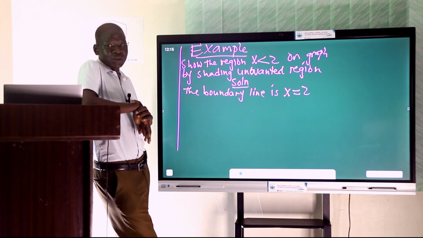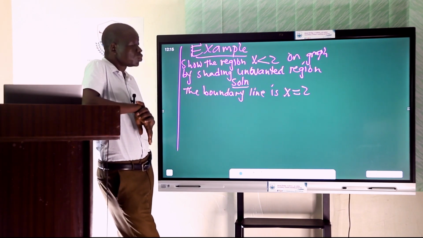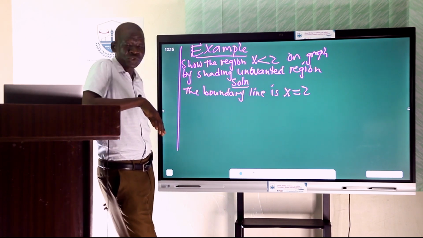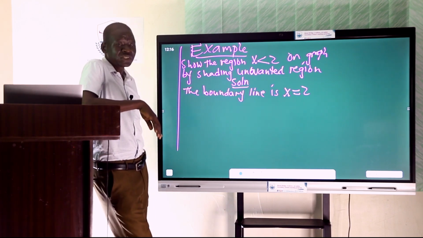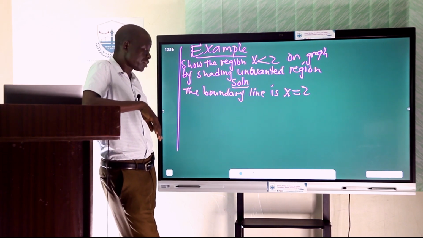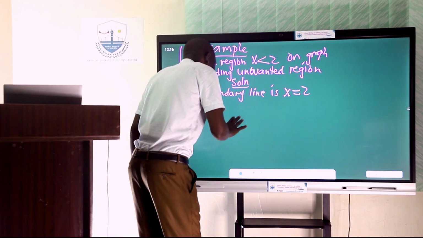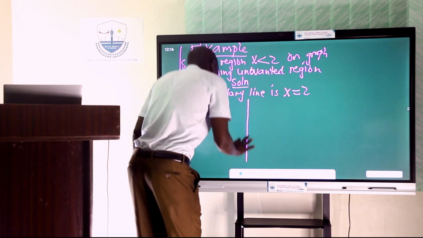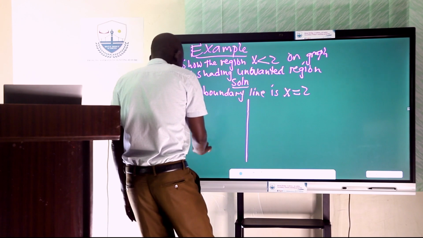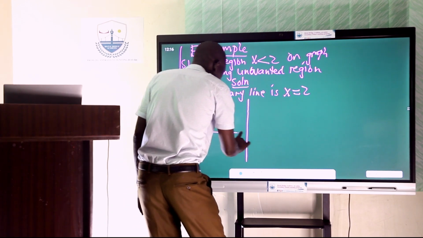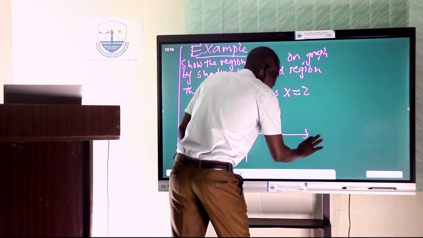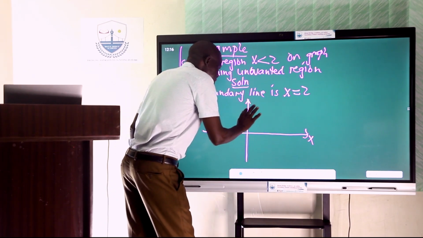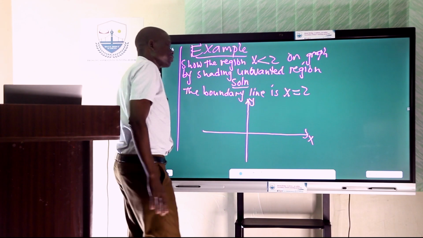Then the next step is we draw this line on a graph. We draw the line x is equal to 2 on the graph. So our graph will look like this. This is the x-axis, and this is the y-axis.